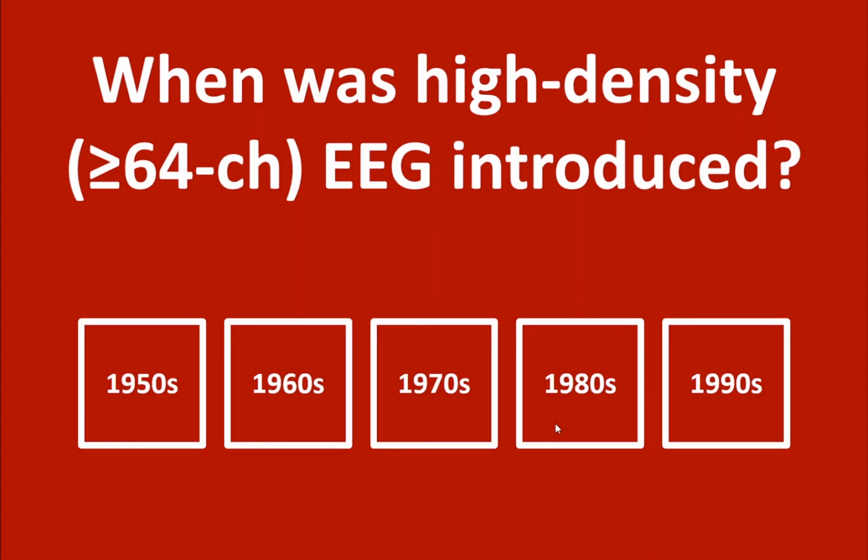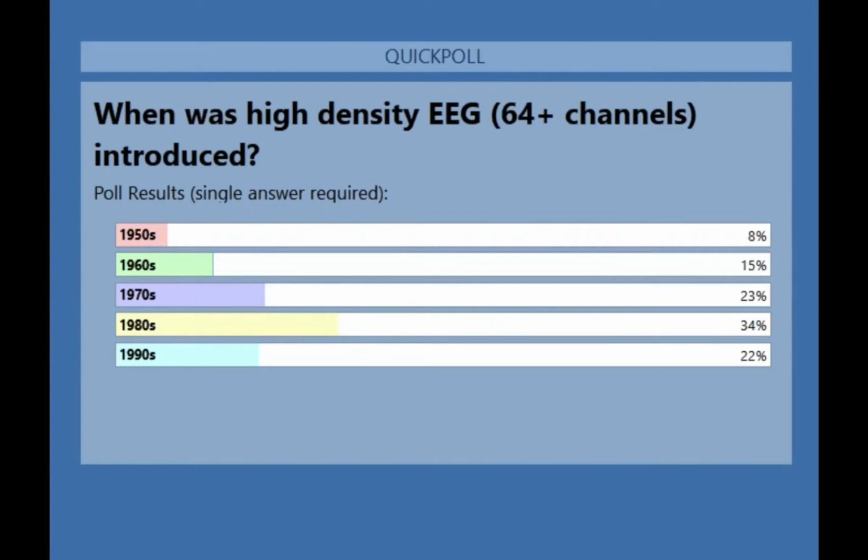So the answer is in the 1970s, but I don't know if people got that right because I can't see the poll results. But I'll presume that you guys did all right. I'm not sure if I'm controlling things properly from my end, but I'm going to move on, and hopefully you guys got that one right.